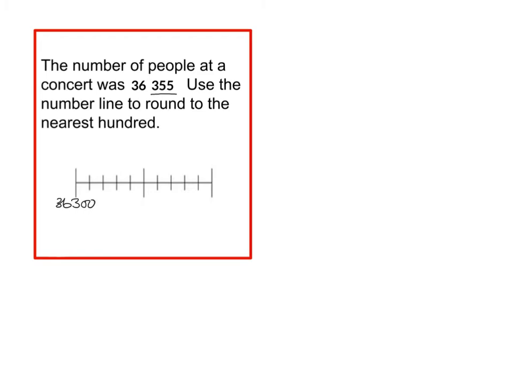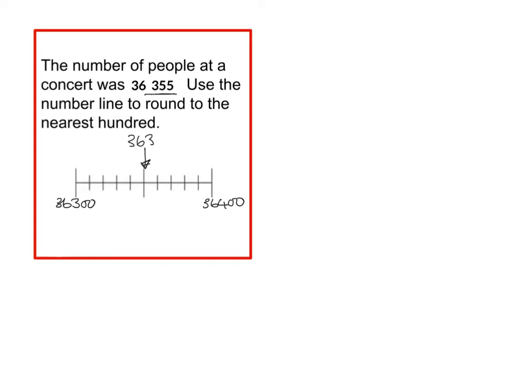The multiple of 100 that would come after this would be 36,400. And we know that 36,300 and something comes in between the two. The next thing we have to think about is, what would the middle be?